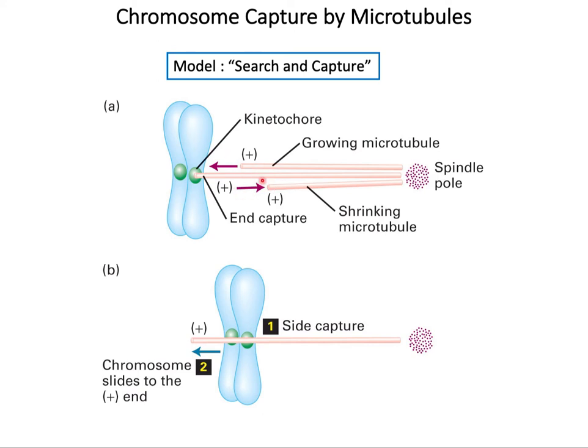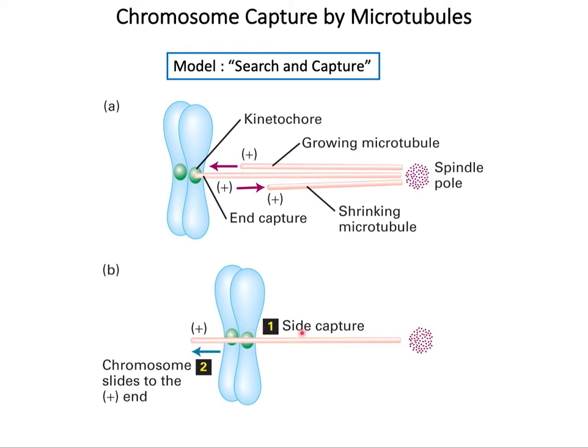But the cell is not always that lucky, as this event happens by chance. And so the cell has another way to ensure that the chromosomes are captured. This is known as side capture. So what happens if you have a microtubule growing and it happens to miss the kinetochore region, so it doesn't bind to the kinetochore region?